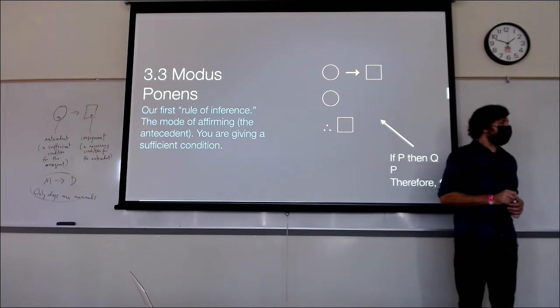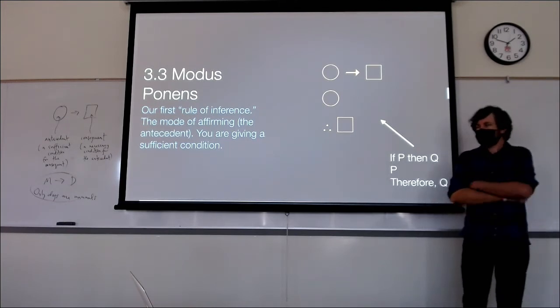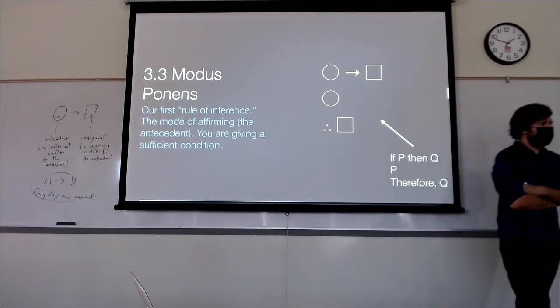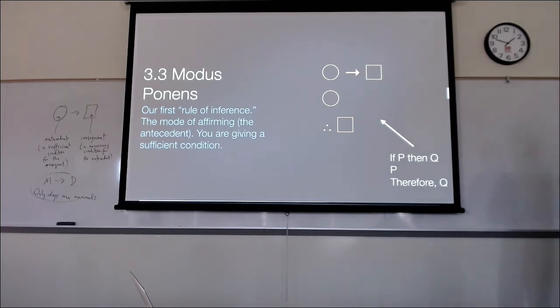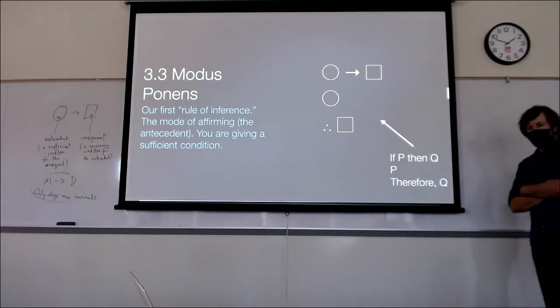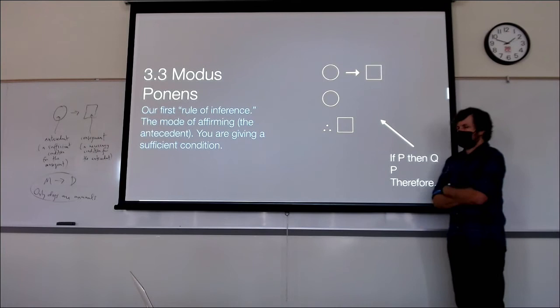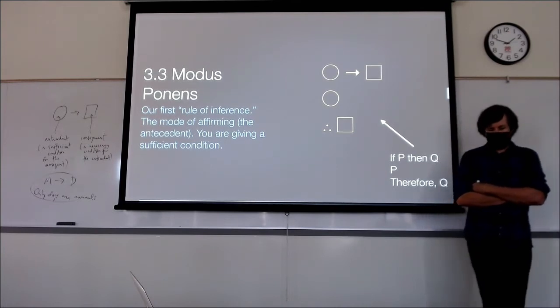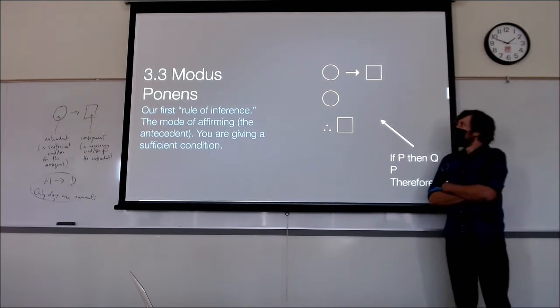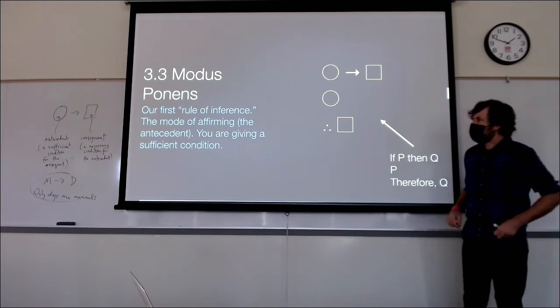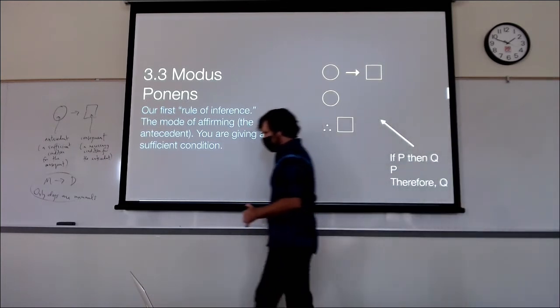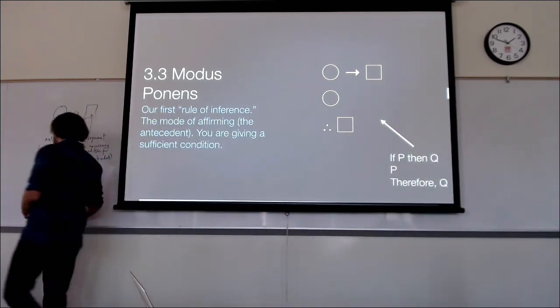Marcus: So if the circle was a compound statement, would you need an individual premise to affirm each part of the antecedent, or would you be able to just say A and B, for example? I think I have some slides answering your question, and let me see if I understand your question.